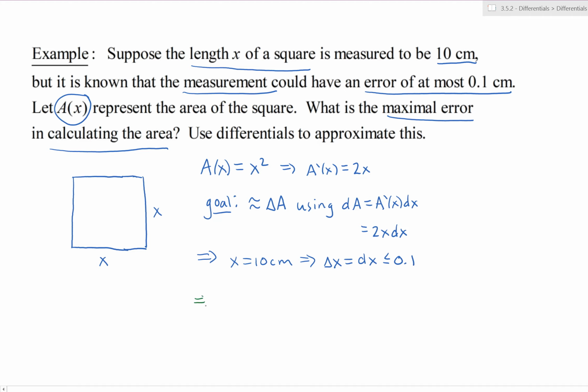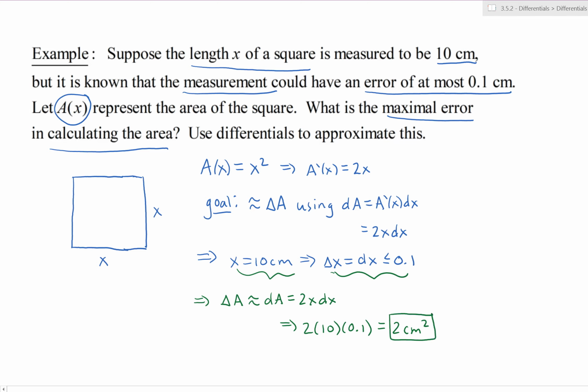And thus it follows that delta A here, which is approximately dA, and dA we found was 2x dx, using these values, should therefore be 2 times the measurement, 10 centimeters, times the maximal error in measuring the sides, 0.1 centimeters, giving us 2 square centimeters.